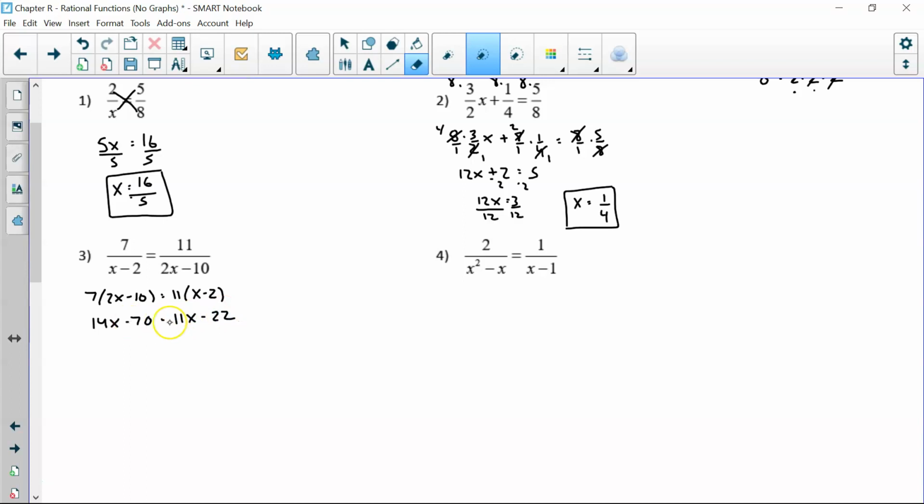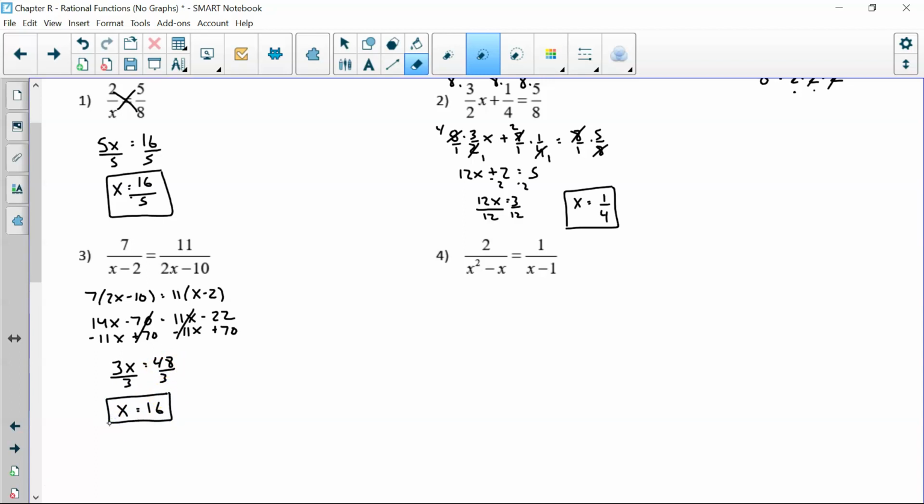So to isolate, we can subtract 11x from both sides. At the same time, we can also add 70 to both sides. So we get 3x equals 48. Divide both sides by 3, x equals 16.